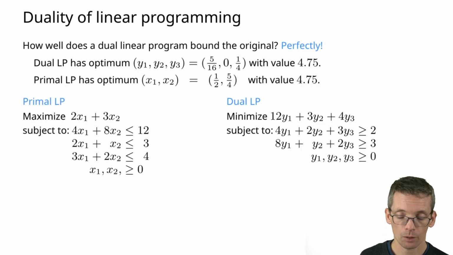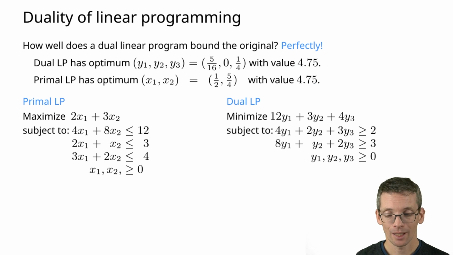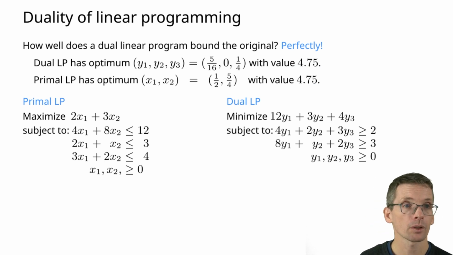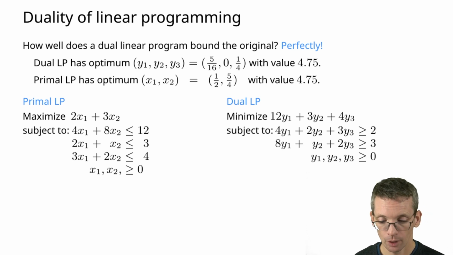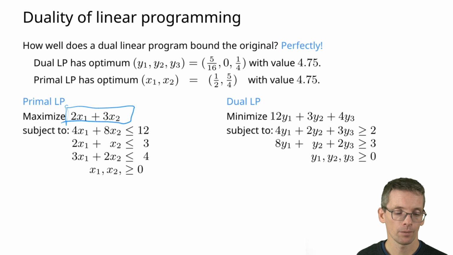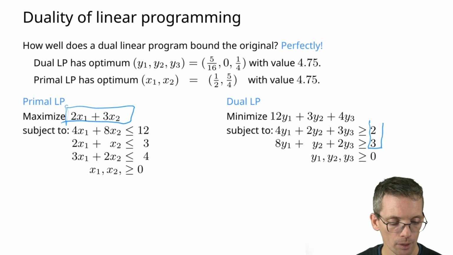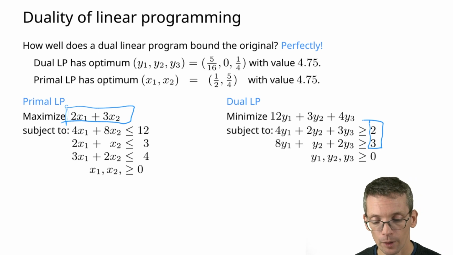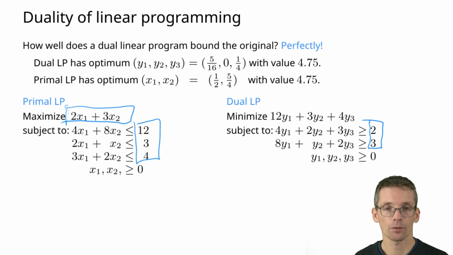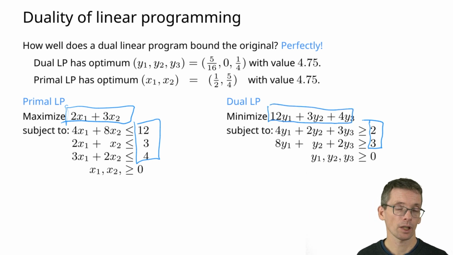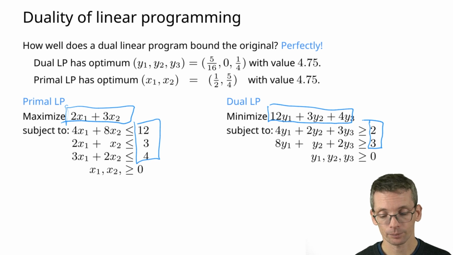4.75. Here are once more the two linear programs. If you inspect them more carefully, you will notice a bit of structure. So the coefficients 2 and 3 here, they show up here on the right hand side. The right hand side of the primal linear program shows up as coefficients of the objective function of the dual linear program.